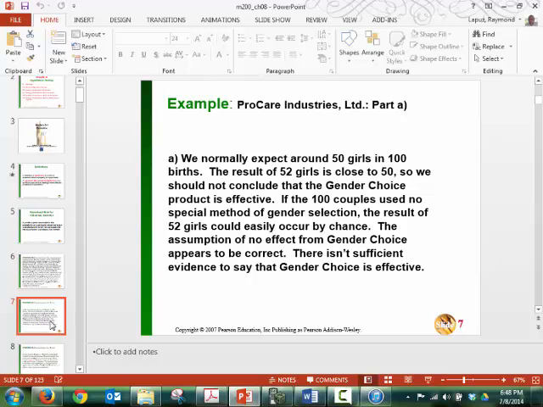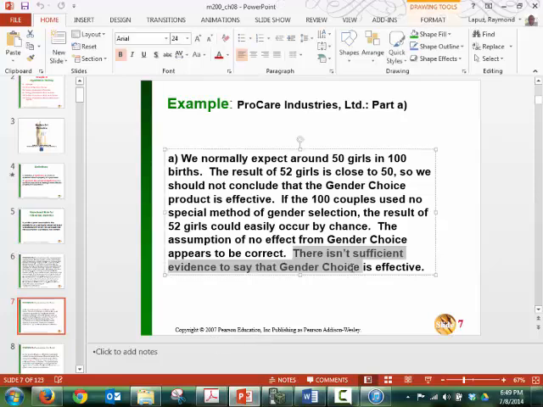So if that was the case, where you only had 52 girls out of 100, that's really close to 50. And so really you can conclude your initial hypothesis to say that there's nothing going on here. It's not effective.